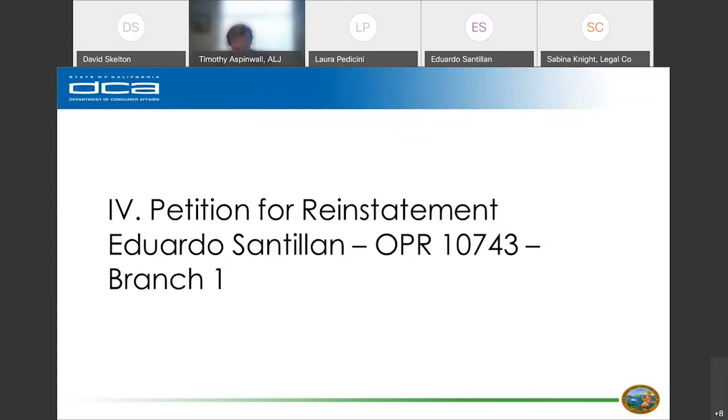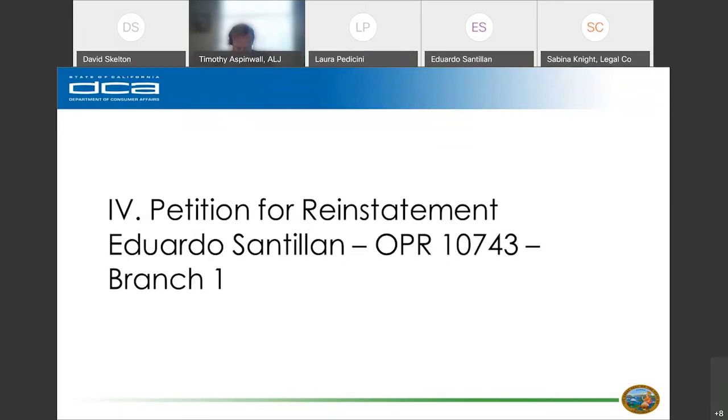Next, petitioner's signed and dated confirmation of attendance for today's hearing. Then the August 27th, 2020 letter from the board staff to petitioner containing general information regarding petitions for reinstatement or reduction of penalty. Next, guidelines for petition for reinstatement or reduction of penalty.